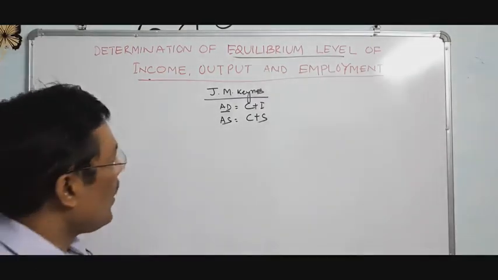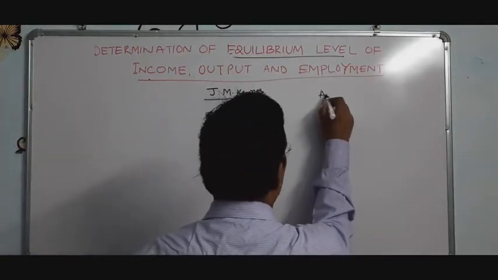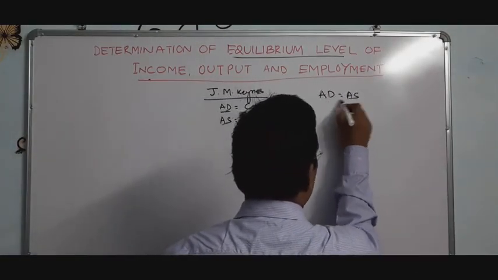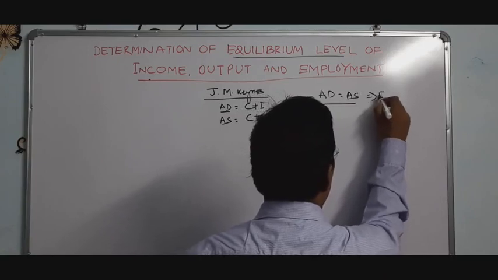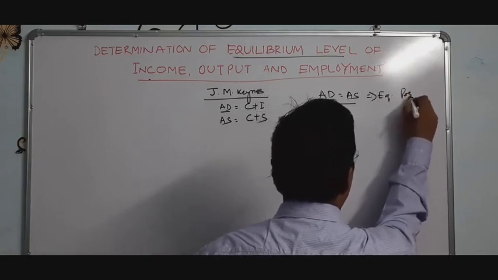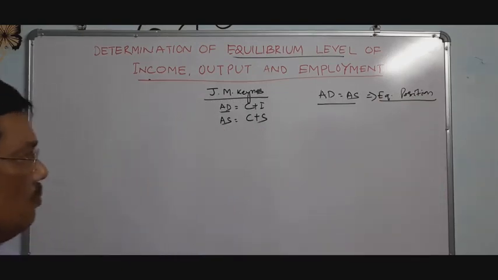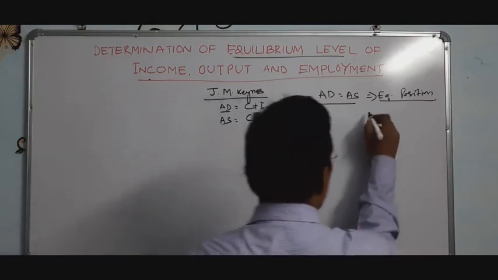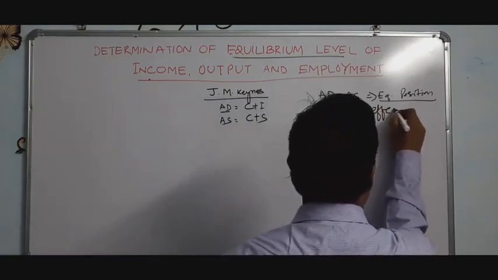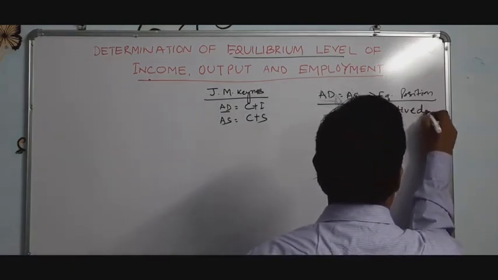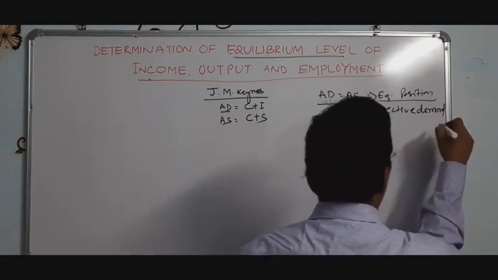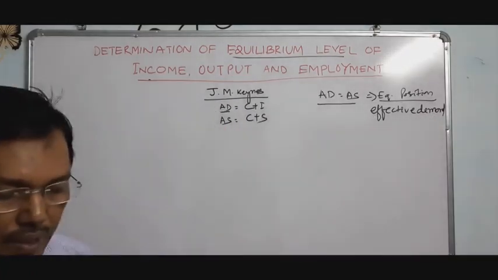Where AD equals AS, that is called the equilibrium position, or that is known as effective demand.